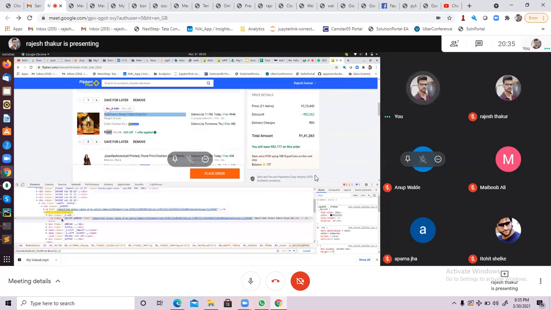And where is 440? This is the 440 span. It is under span. Now you can write the XPath for this. From here we have to reach here. So again, double forward slash span.